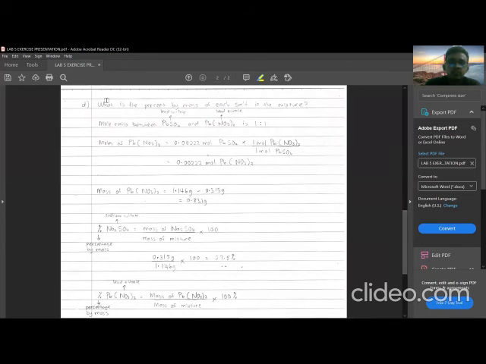The last question is: what is the percent by mass of each salt in the mixture? So the mole ratio between PbSO4, which is lead sulfate, and lead nitrate is 1 to 1. So moles of Pb(NO3)2 is equal to 0.00222 mole PbSO4 times 1 mole lead nitrate over 1 mole lead sulfate. So the mole of lead nitrate is 0.00222.